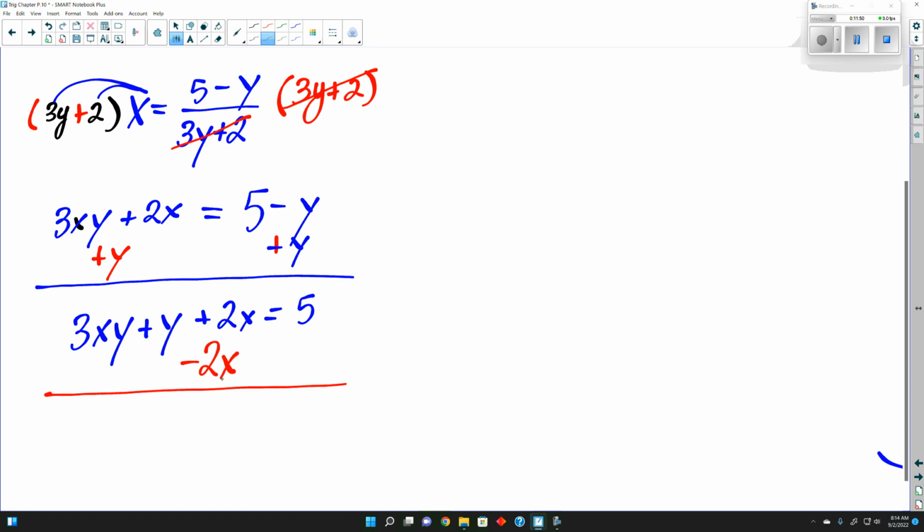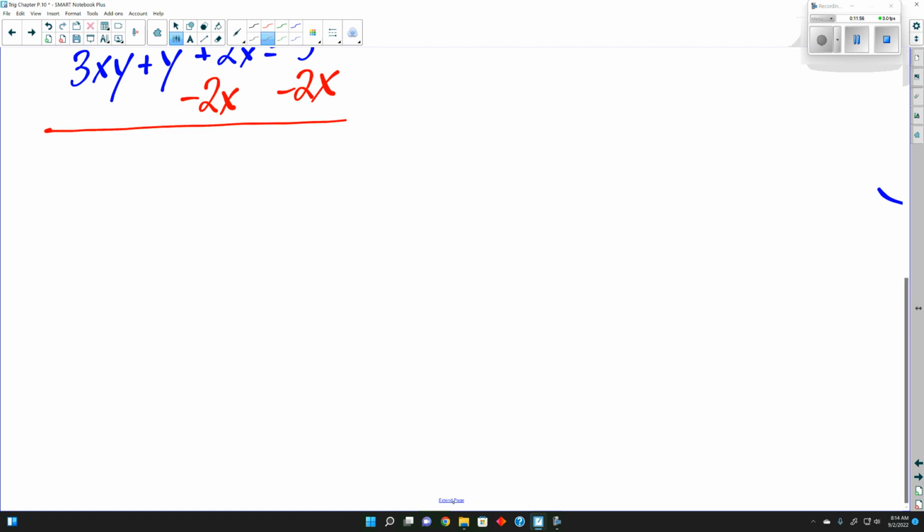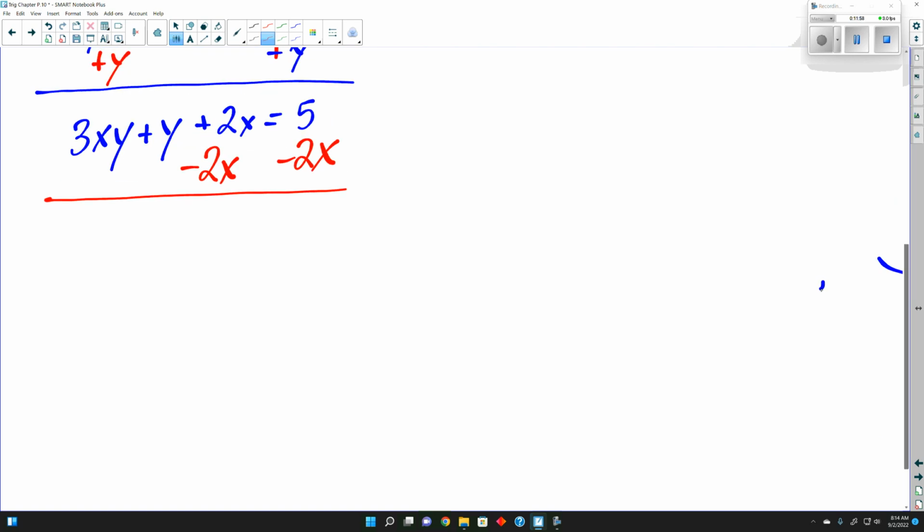Then we're going to subtract the 2x, because again, we don't want x on that side, we just want the y's. And what this leaves us with is 3xy plus y equals 5 minus 2x.